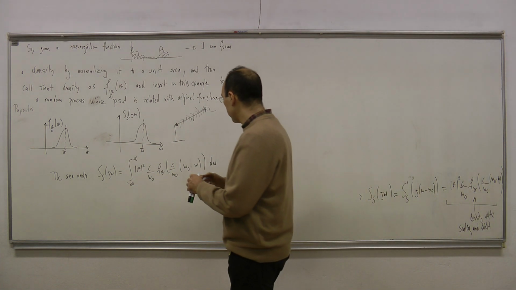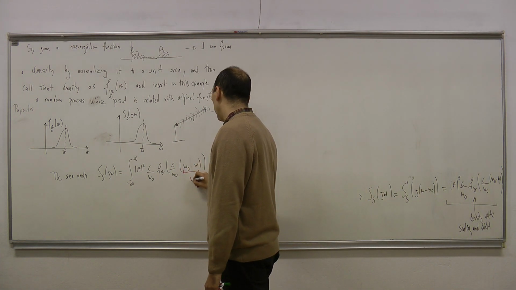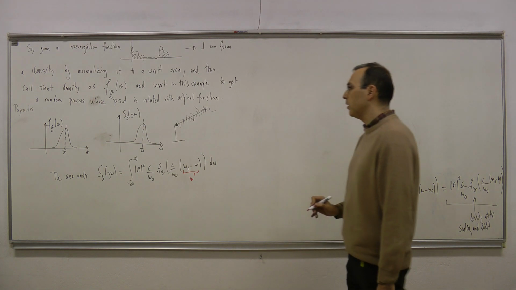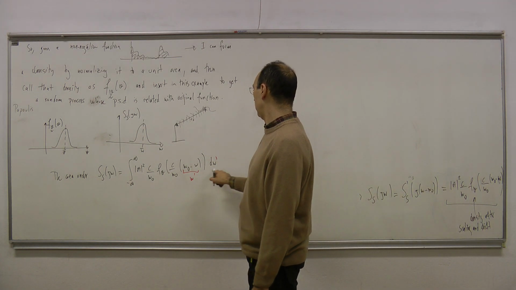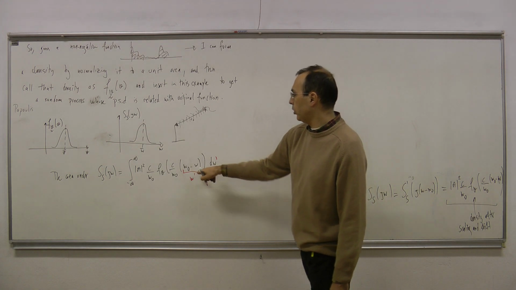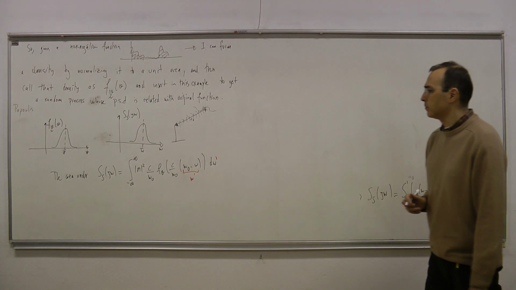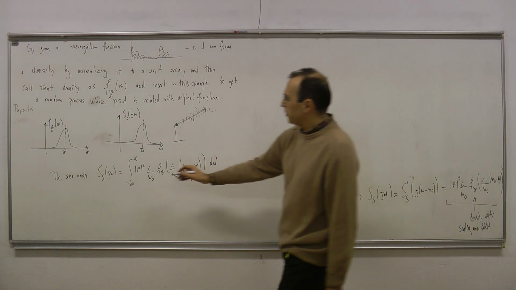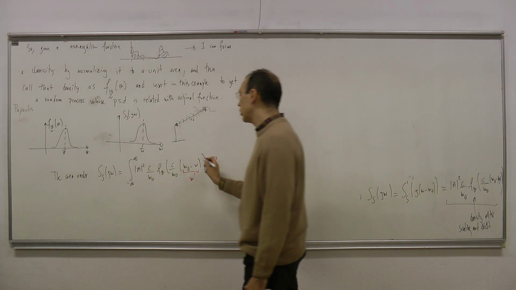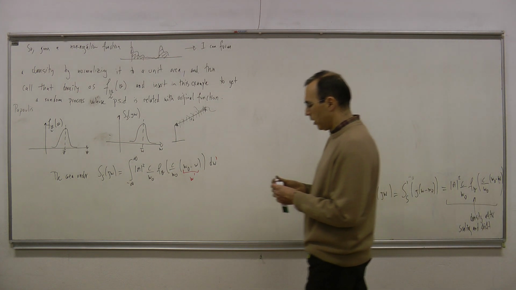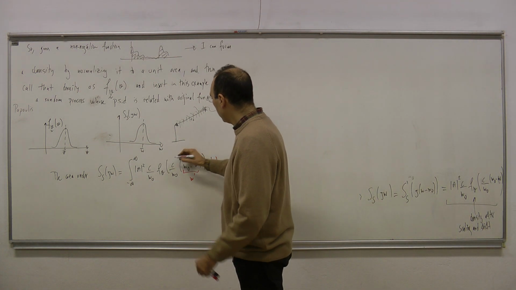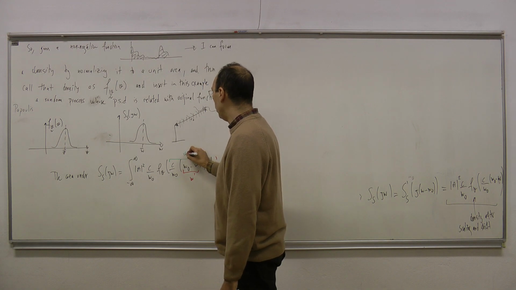Now let me call this omega prime, if you wish. If that is omega prime, then d omega is equal to d omega prime, or minus of it. Then this becomes plus minus because of this shift, that is it essentially. This becomes omega prime. Now, after that, let me call this, let's say, nu.